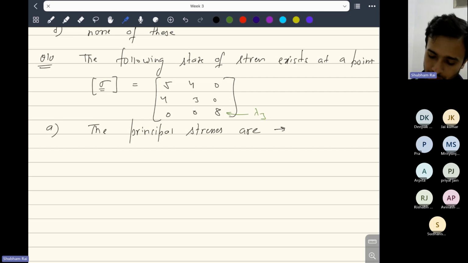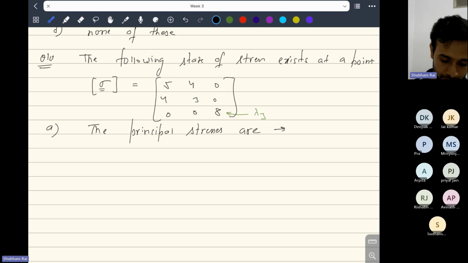Because you see here that the traction vector acting on a plane with plane normal e3 only has normal component, shear components are zeros. That's why lambda 3 is already given to you. So you only need to solve this 2 cross 2 matrix for getting the other two eigenvalues.